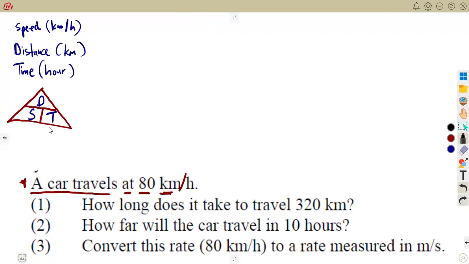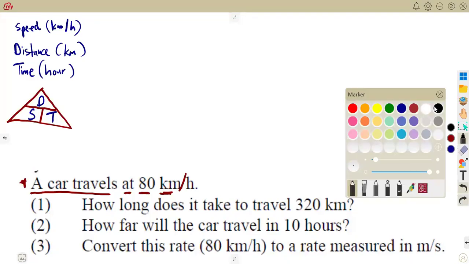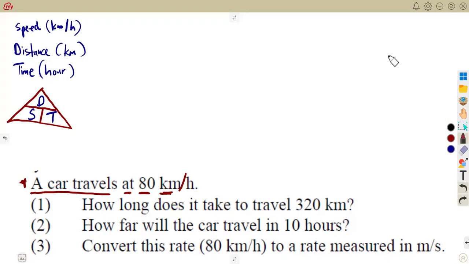If you want to calculate speed, you cover it like this, so speed is distance over time. If you want to calculate the time, you cover time like this, so time is equal to distance over speed. These are basics you had previously in grade 8, just for the sake of revision, guys. So let's quickly have our question here.